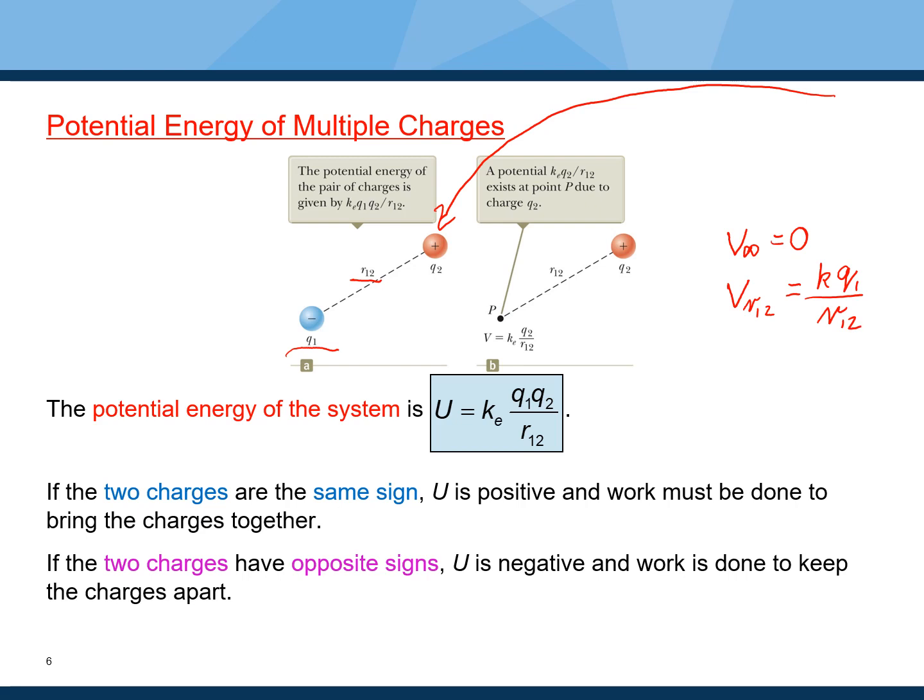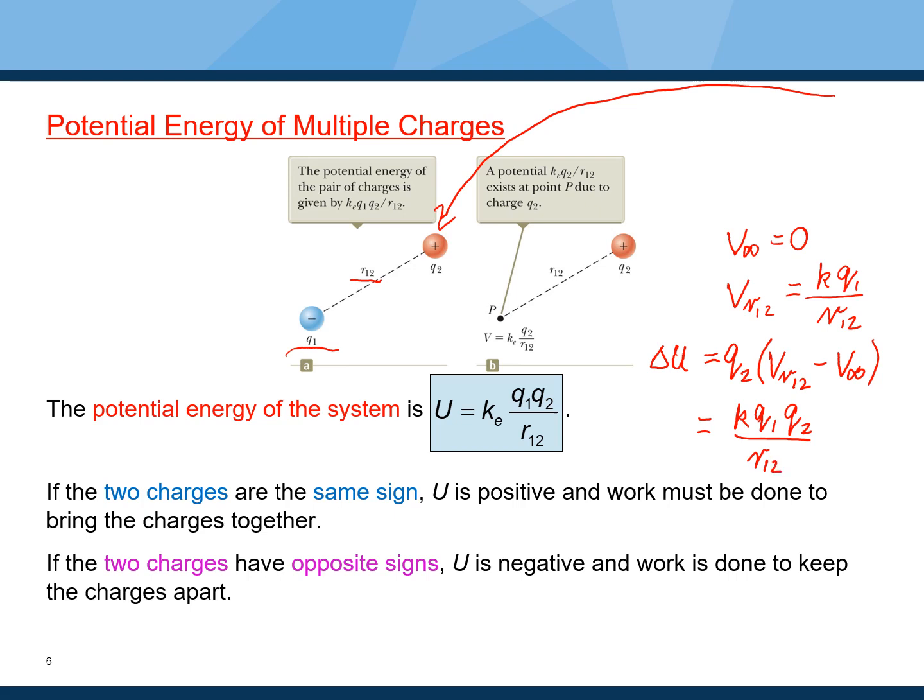r12. And so we say that the change in potential energy, delta U, is equal to the charge q2, which has traveled from a potential of V infinity to a potential of V r12. If we fill in this equation, we see that the change in potential energy is just given by k times q1 times q2 divided by r12.